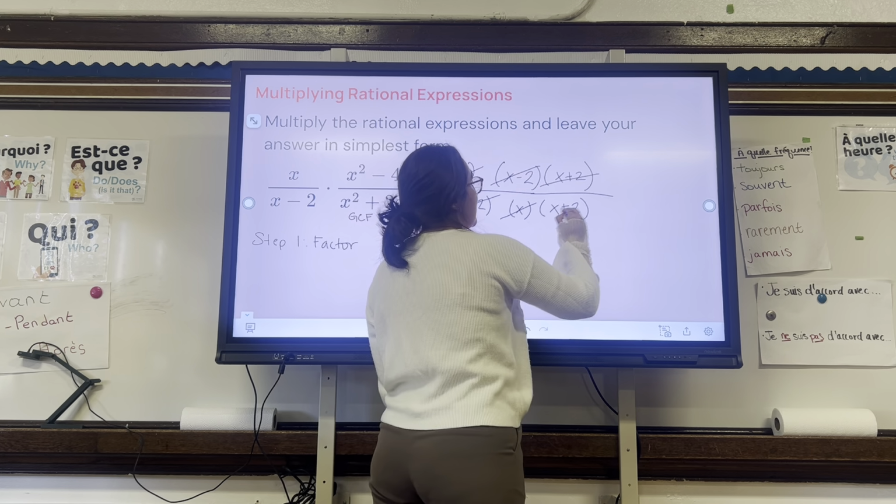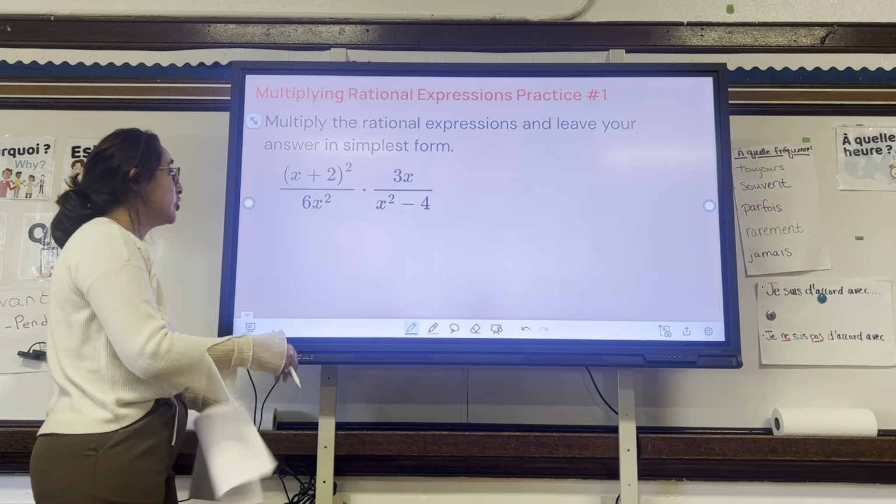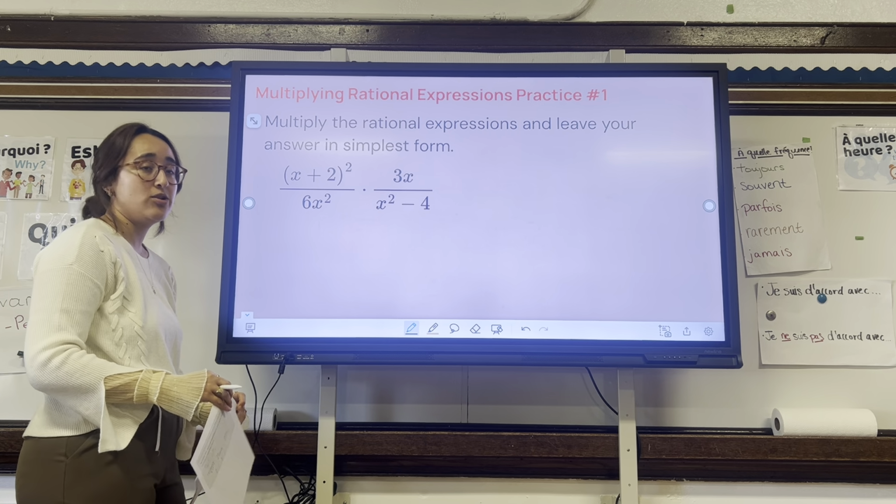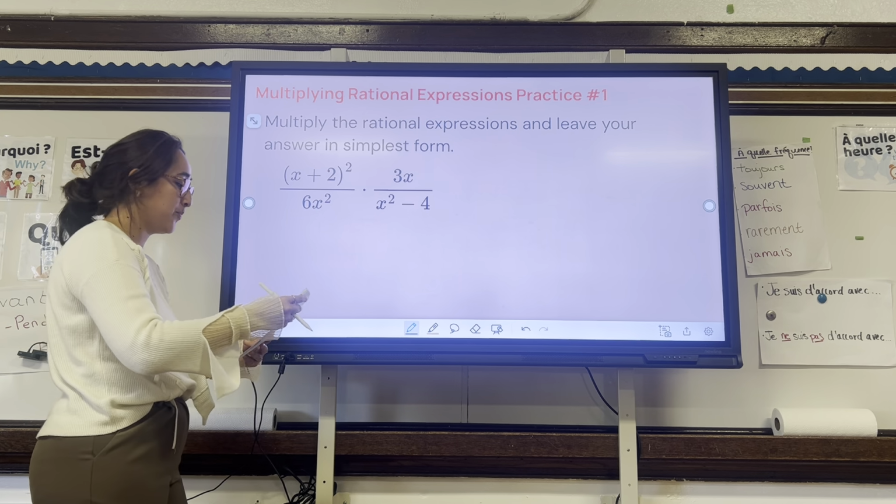All right, so now we're gonna multiply rational expressions, practice number 1. All right, so pause the video and then try it on your own. So when we see the power of 2, again, steps don't change: factor, cancel out. All right, this becomes x plus 2 times x plus 2.